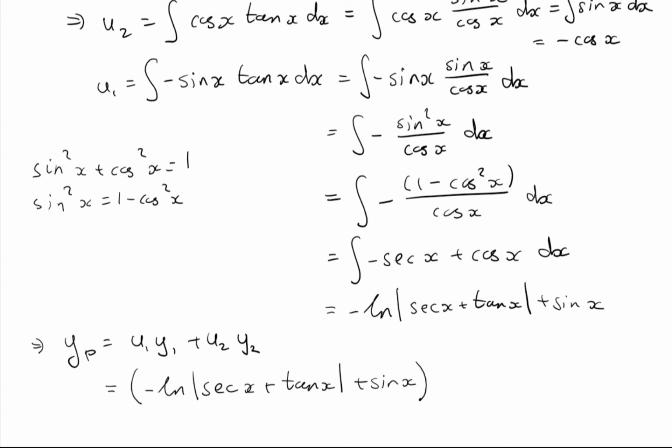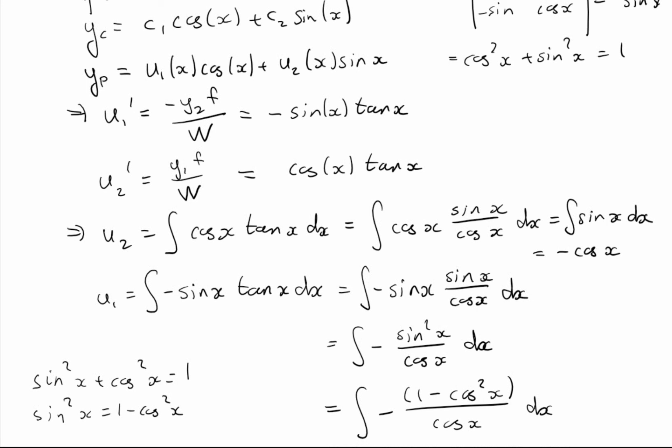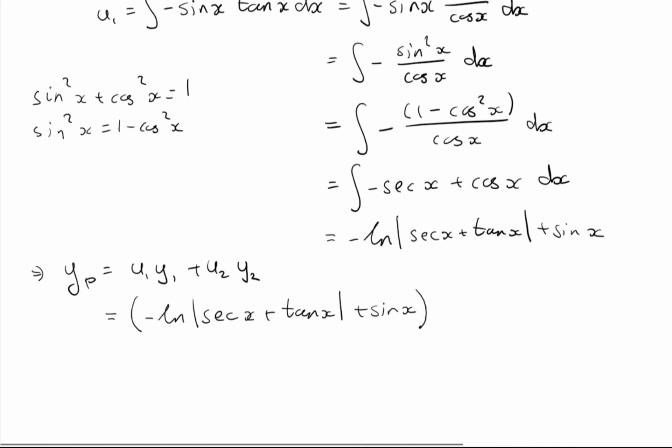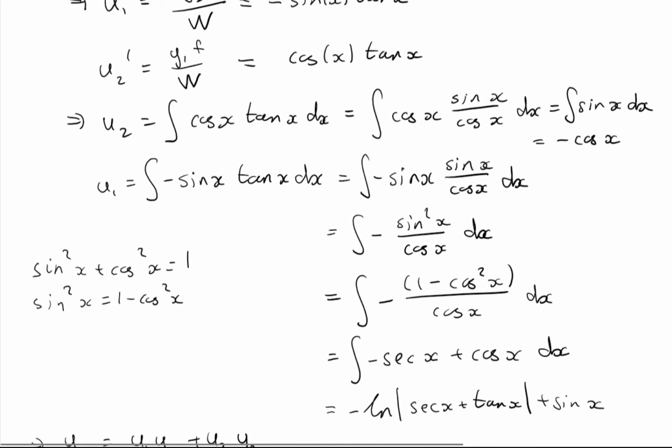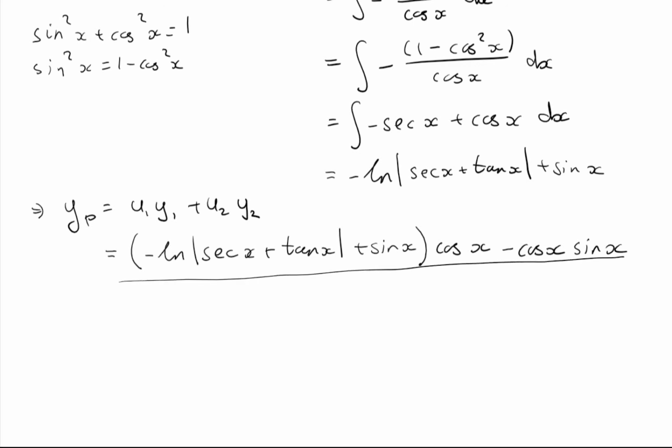I've forgotten which one was y1 and which one was y2. y1 was the cos. Plus u2 y2. u2 was minus cos, and y2 was sine. Ta-da! There's the solution of the differential equation, y double prime plus y equals tan x.